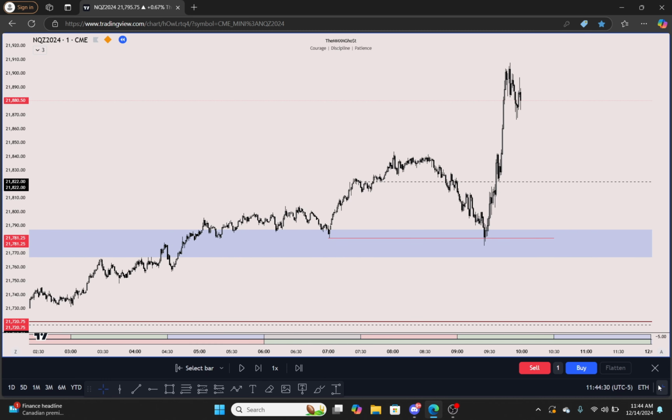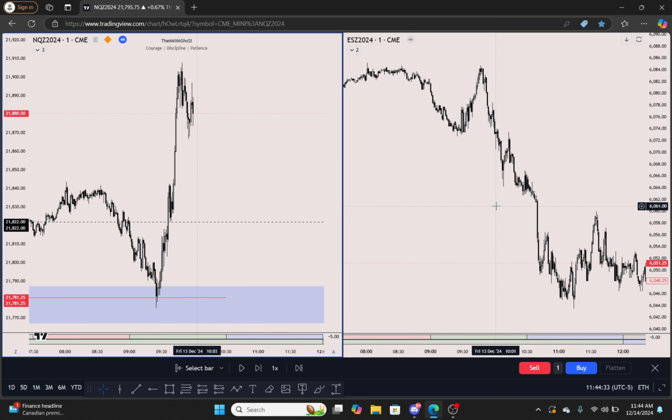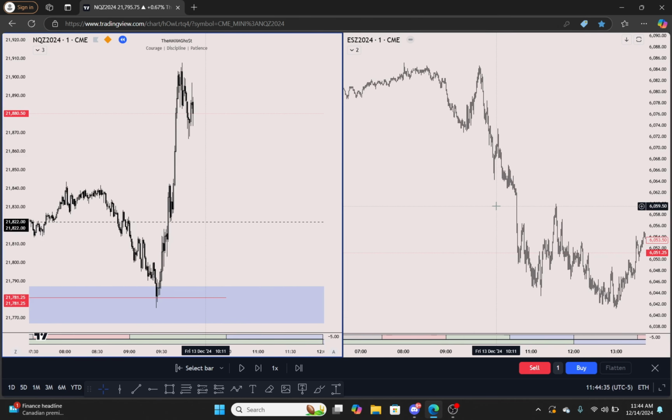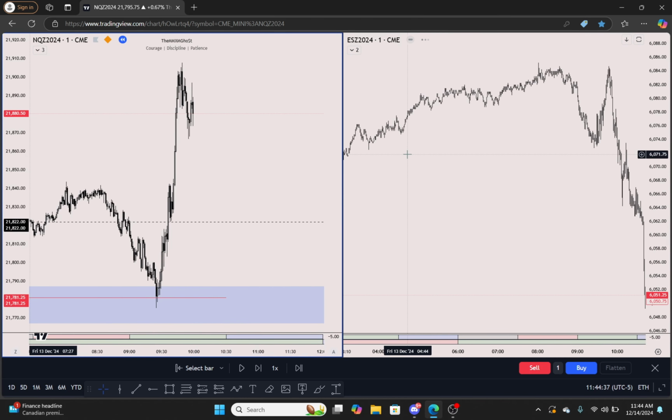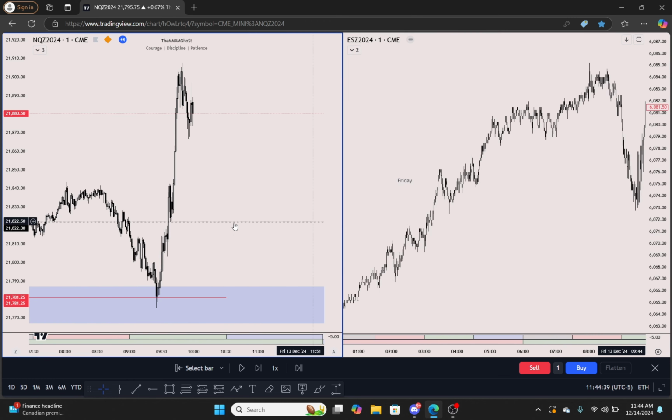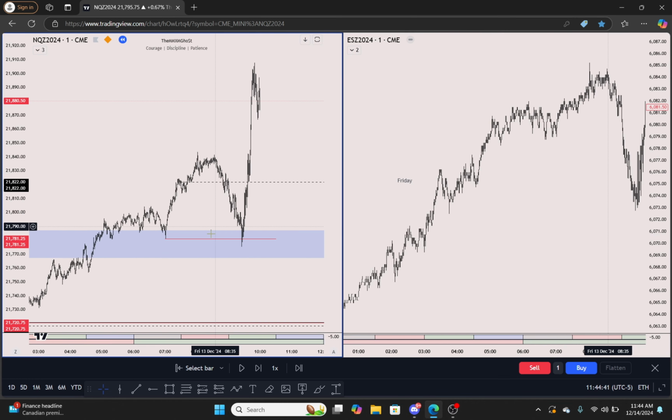And I believe at this time, ES and NQ had an SMT with this low.